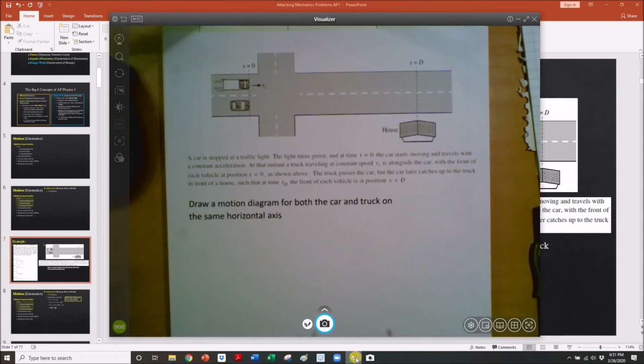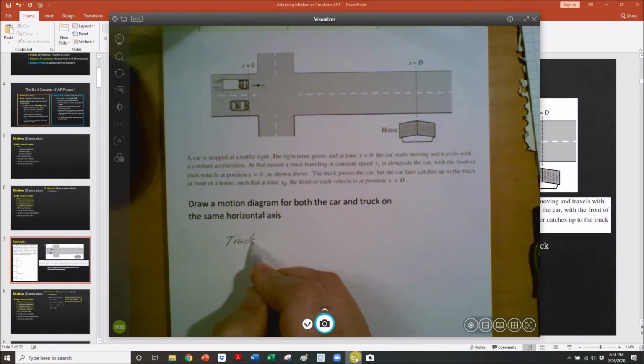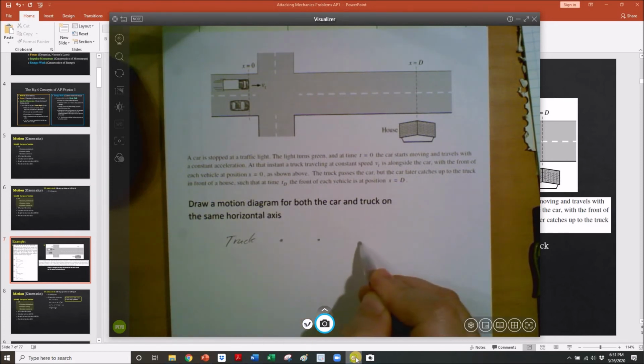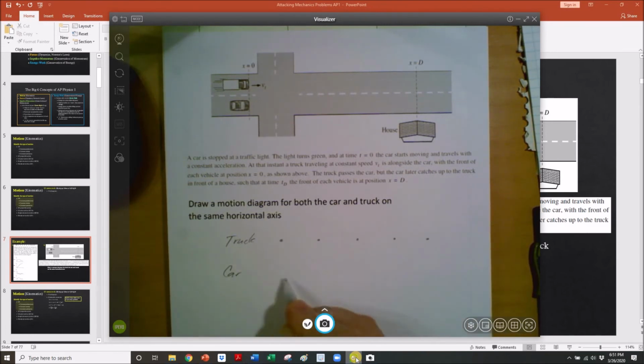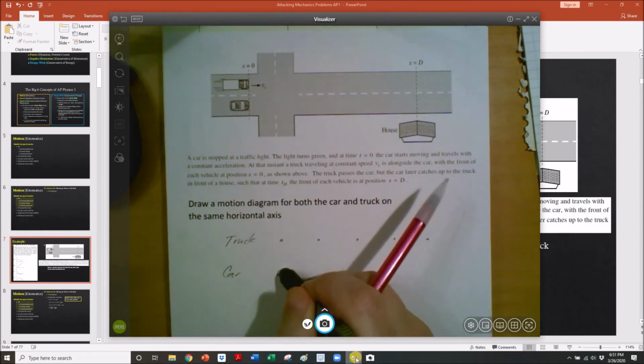Okay, so what's that going to look like? Well, the truck is going to have a dot diagram with dots that are the same spacing, whereas the car is going to have dots that start at the same place, but they're going to be small, and then they're going to have to get bigger. So 1, 2, 3, 4. If that's 4 seconds, ooh, I don't have them nearly far enough apart, do I?